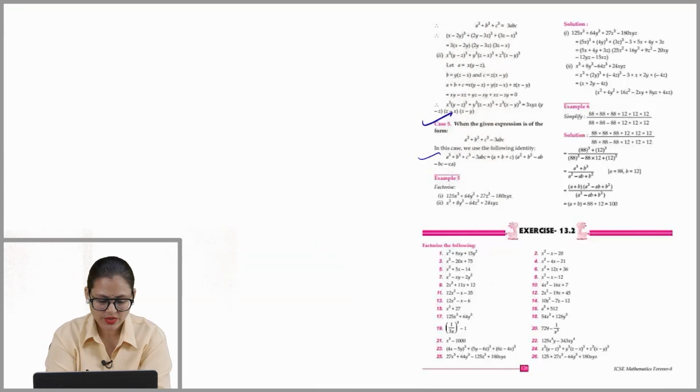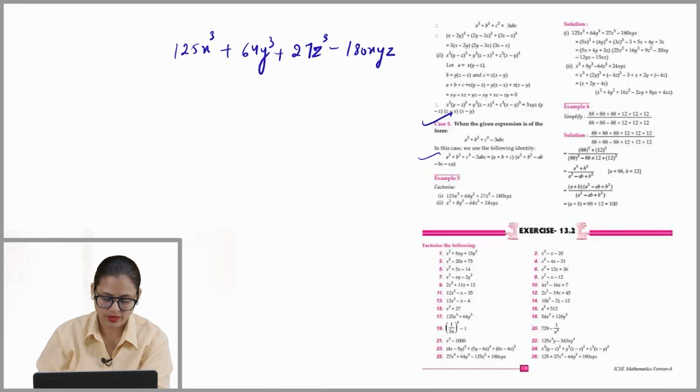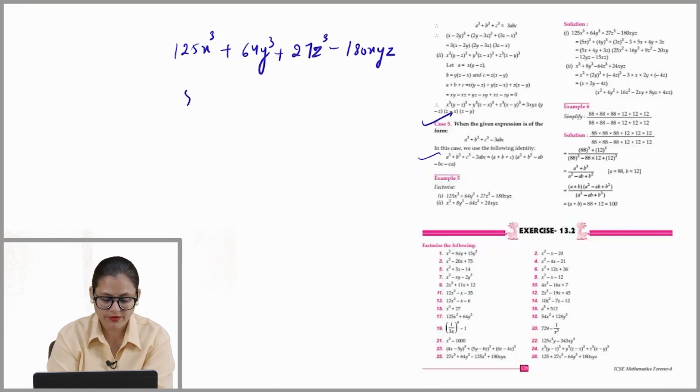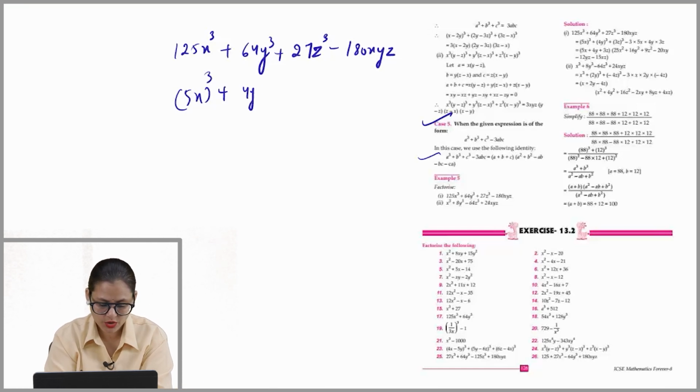Okay, so the question is 125x cube plus 64y cube plus 27z cube minus 180xyz. Okay, so 125x cube is the cube of 5x, 64y cube is the cube of 4y, and 27z cube is the cube of 3z.